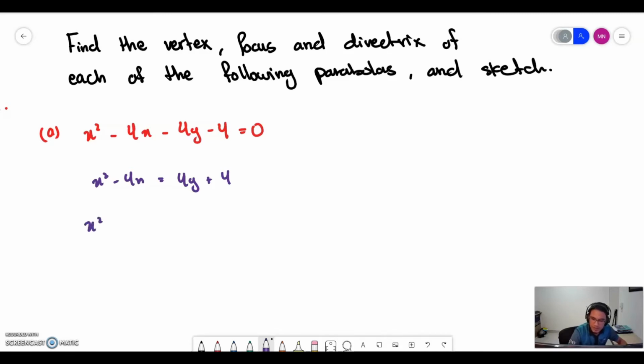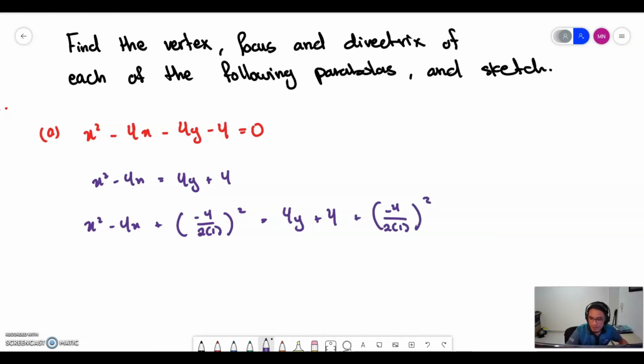Then we proceed with completing the square. The completing the square will be like that. Now we solve it, and it will be (x minus 2) squared equals 4y plus 4 plus 4.